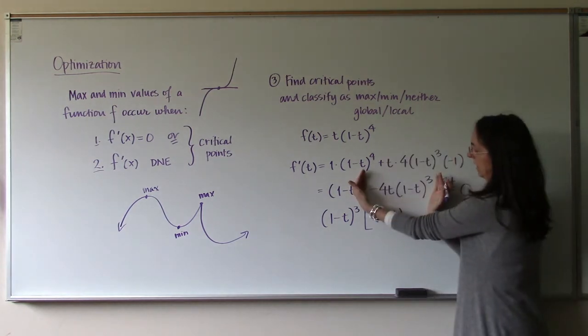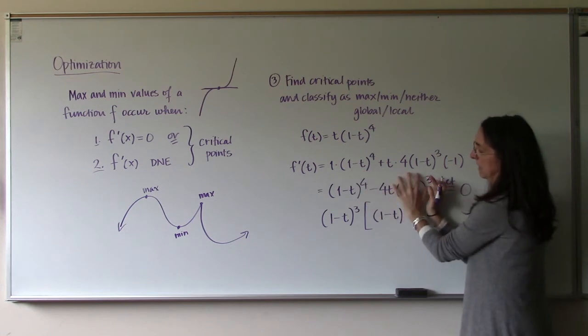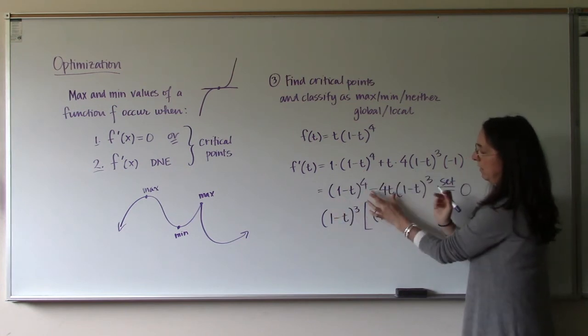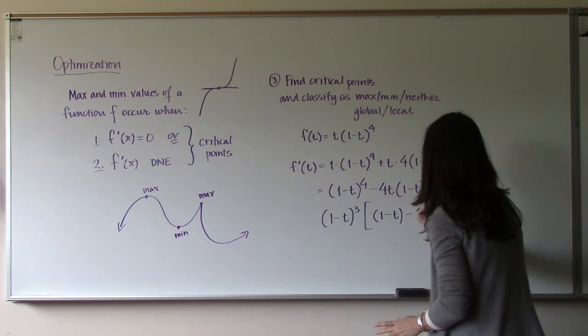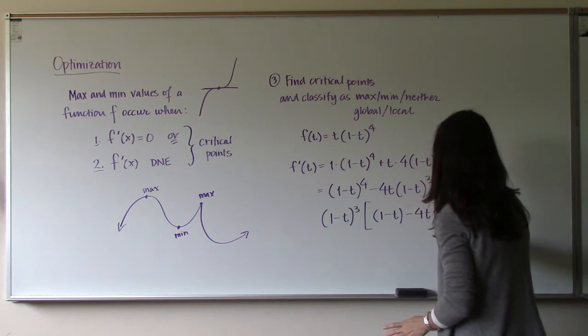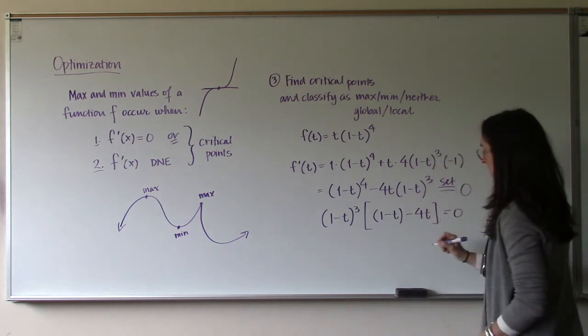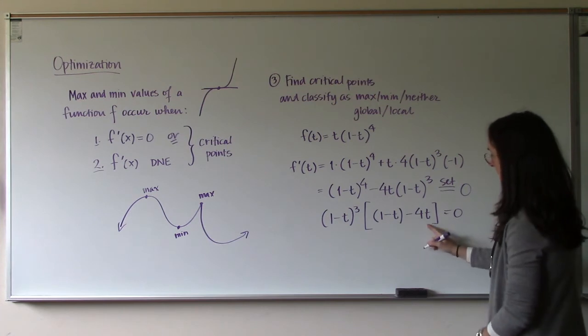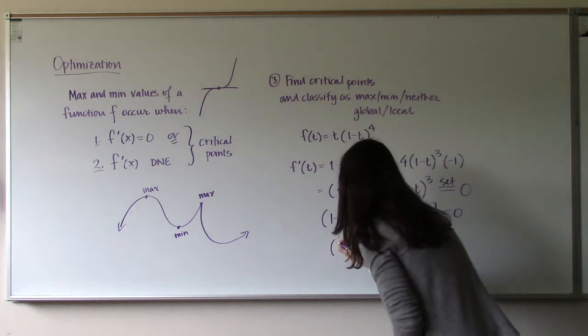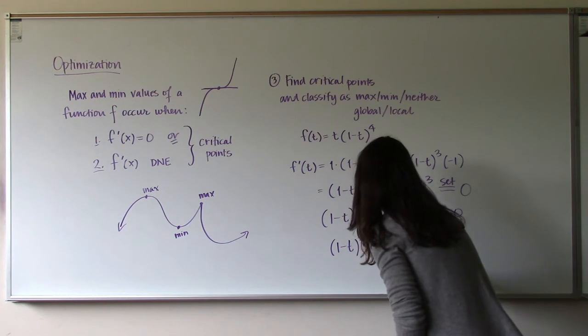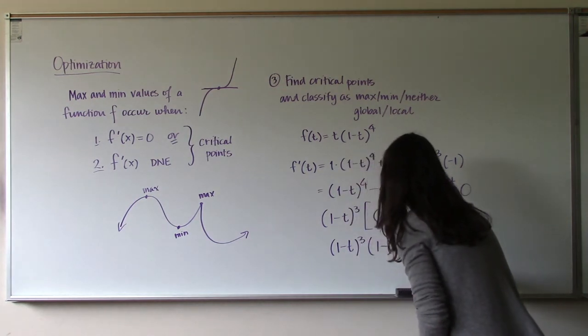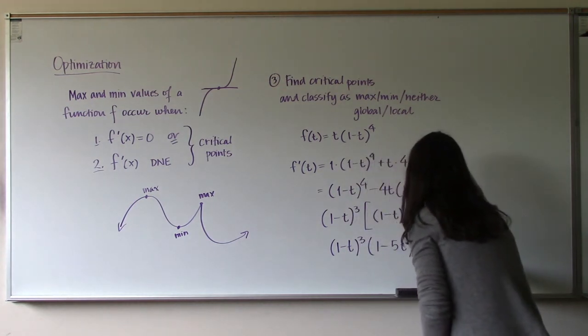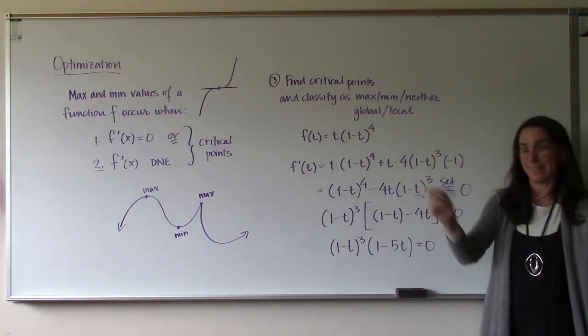And then out of this thing, I took the (1 minus t) cubed, right? I took all of that out, and so I've just got this left, minus 4t. And then if I combine what's in here, it's factored.